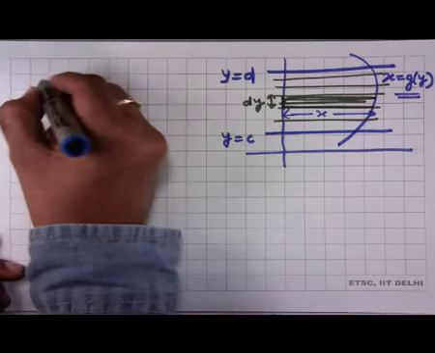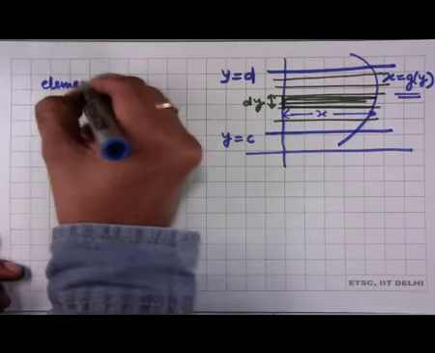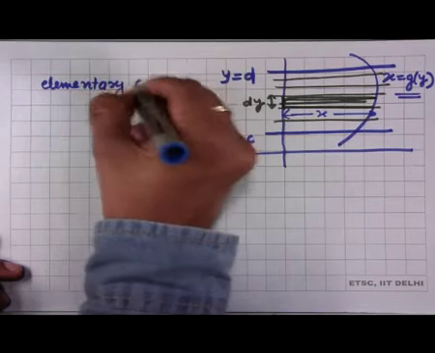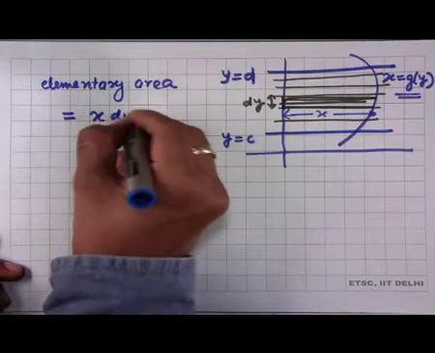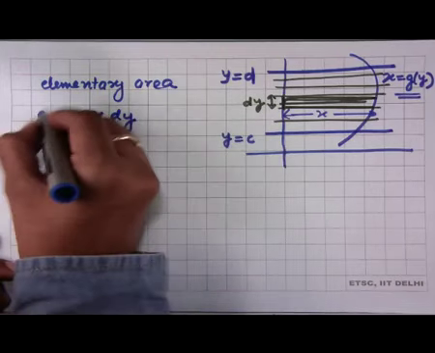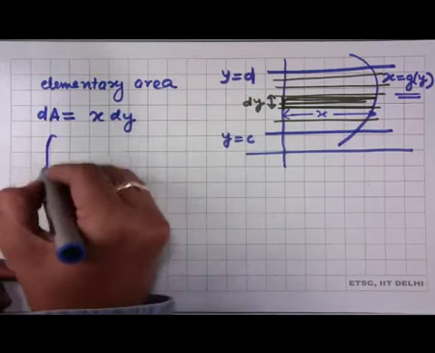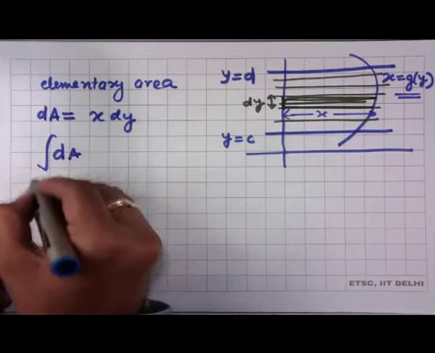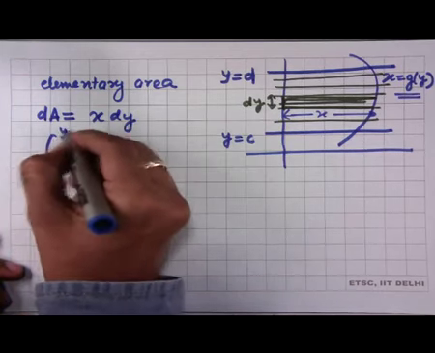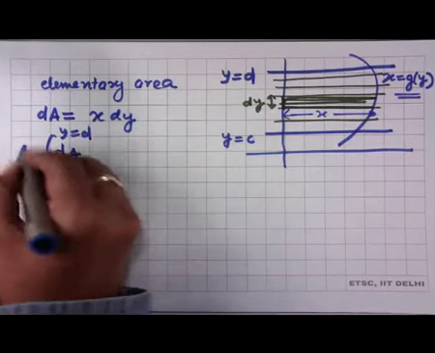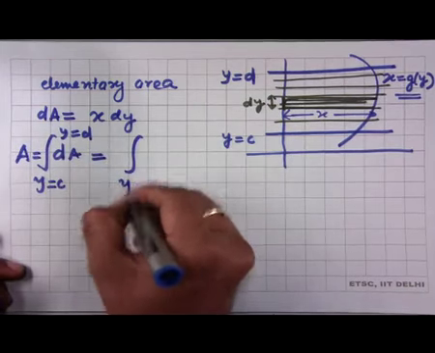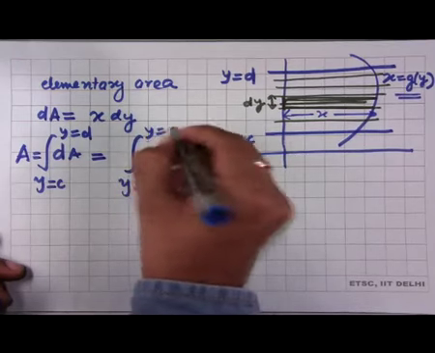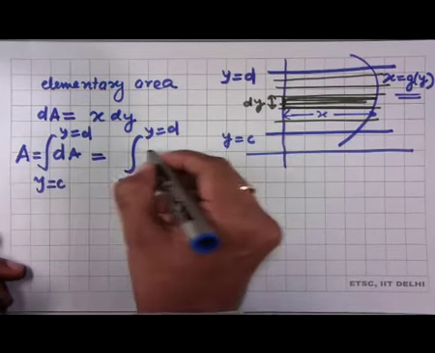So elementary area is x dy. Now if we integrate it from y equals to c to y equals to d, we get the required area. So the formula in this case will be integral y equals to c to y equals to d x dy.